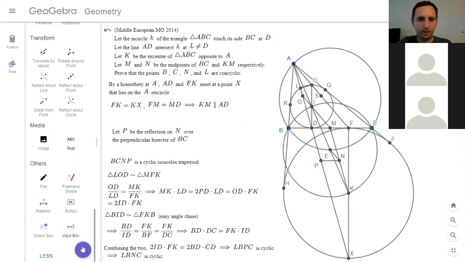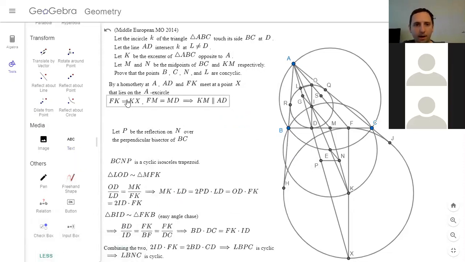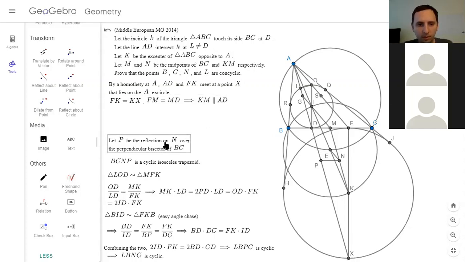All right. And once we know that, now actually, if we let NP be a line parallel to BC, then we can show that DMNP is a parallelogram.